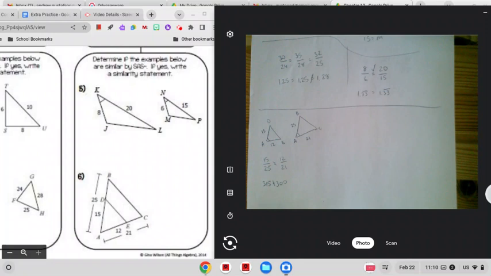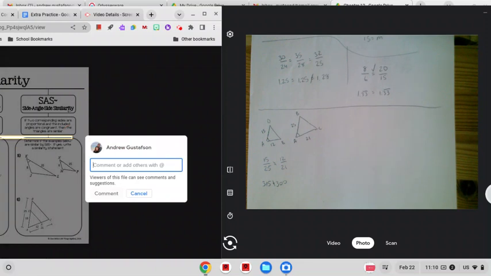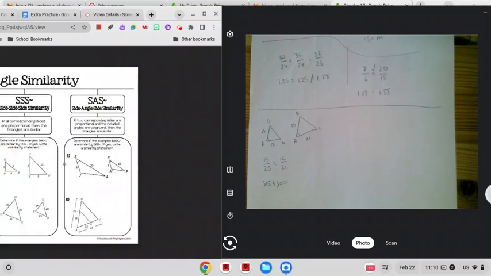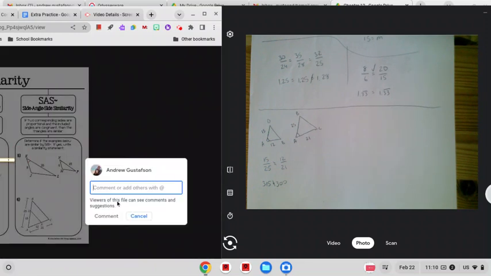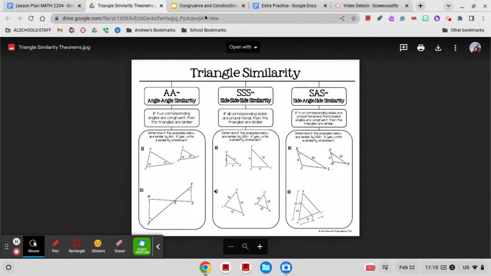So that's how you can test to see, are they in fact similar, and how do we know? Side angle side similarity, side side side similarity, and angle angle similarity. And you have this printout, I will print it out as well.